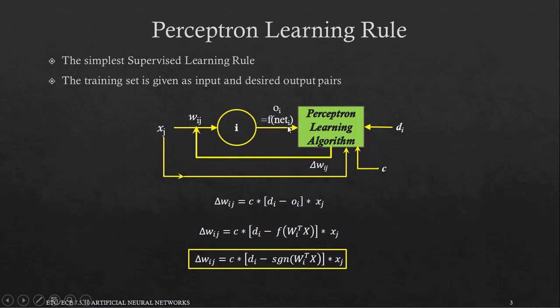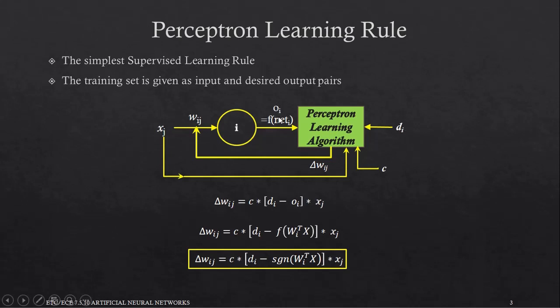In perceptron learning rule, when a certain input is given to the neuron, the output of the neuron has to be compared with the desired output. This comparison shows how different the neural output is from the desired value.